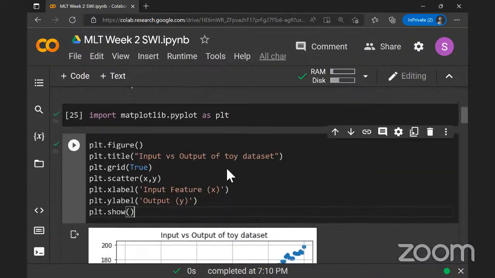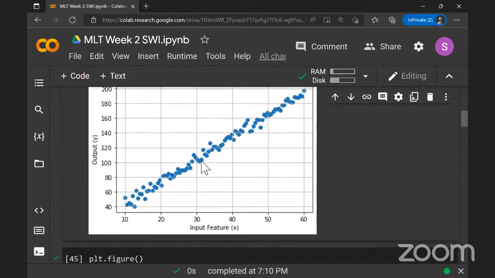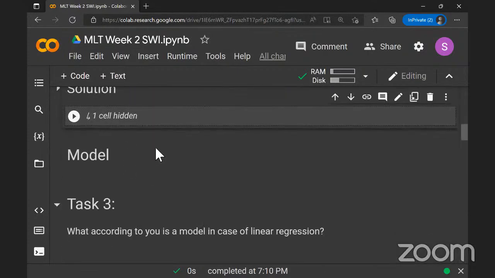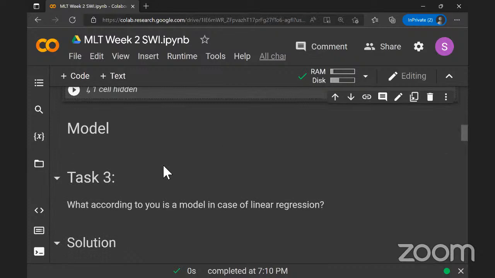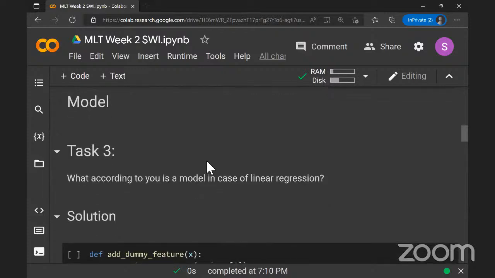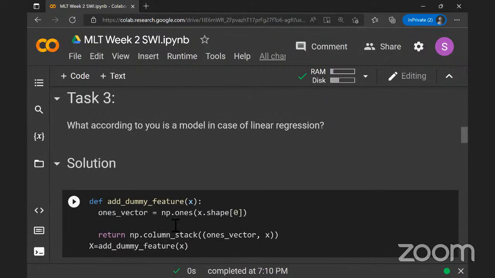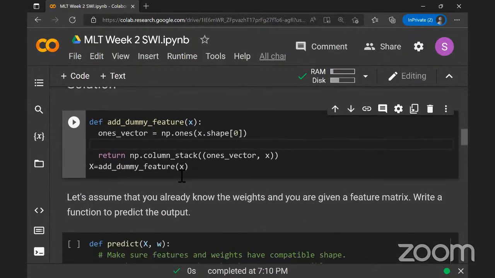Whatever we did, this is our data as of now. Now, task number 3 is: what, according to you, is a model in the case of linear regression? This question, I think, we have already done.